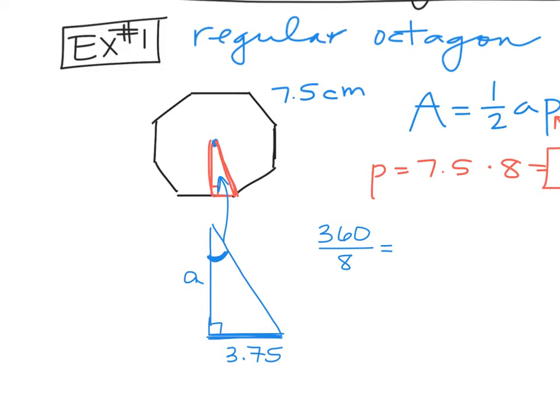So 360 divided by 8 is 45. That means if I were to draw in the central angles, right, each one of these right now is 45. Okay. But then I draw the apothem in. So what is this angle? Half of that. You're going to cut the 45 in half, and you get 22.5. So this angle here is 22.5.